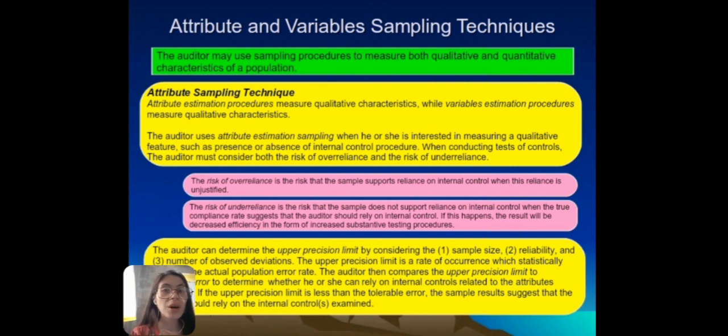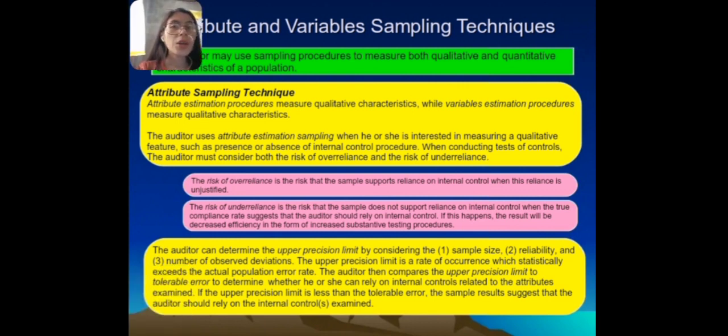While the risk of under-reliance is the risk that the sample does not support reliance on internal control when the true compliance rate suggests that the auditor should rely on internal controls. If this happens, the result will be decreased efficiency in the form of increased substantive testing procedures.